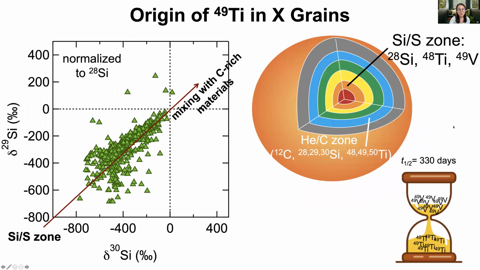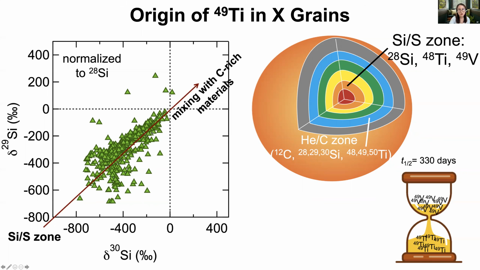Now we know that the large silicon-28 excesses of our X grains are caused by incorporating material from this inner silicon-sulfur zone. We also saw that X grains show a wide range of silicon isotopic ratios, and most of the grains are clustered around a tight correlation.